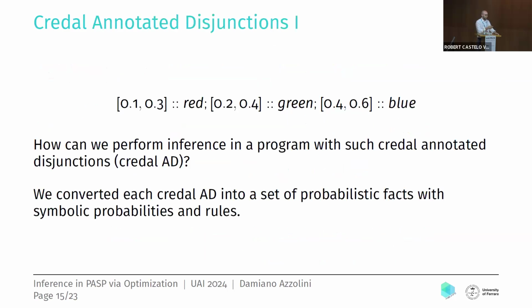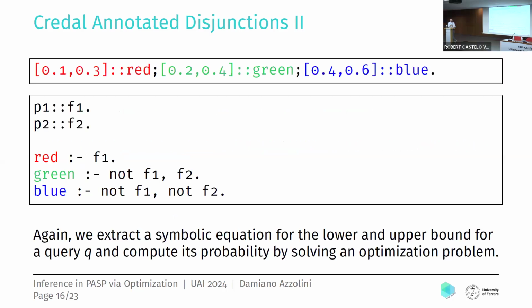We have another syntactic construct to express uncertainty, which is the credal annotated disjunction, and it is read as: red is true with a probability between 0.1 and 0.3, or green is true with a probability which lies between 0.2 and 0.4, and blue is true with a probability which lies between 0.4 and 0.6. How can we perform inference in this kind of program? Again, we add an additional step.